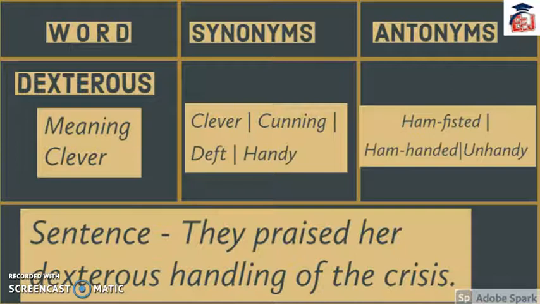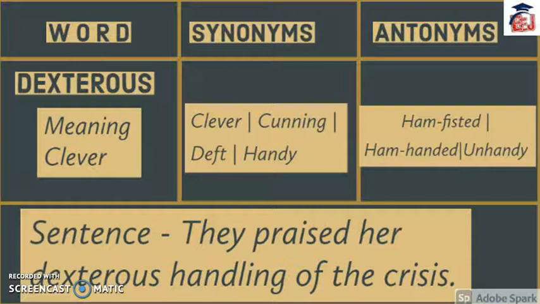Dexterous. Dexterous means clever. He is a dexterous person. That means he's a clever person. Synonyms: clever, cunning, deft, handy. Antonyms: ham-fisted, ham-handed, unhandy. Sentence: they praised her dexterous handling of the crisis.